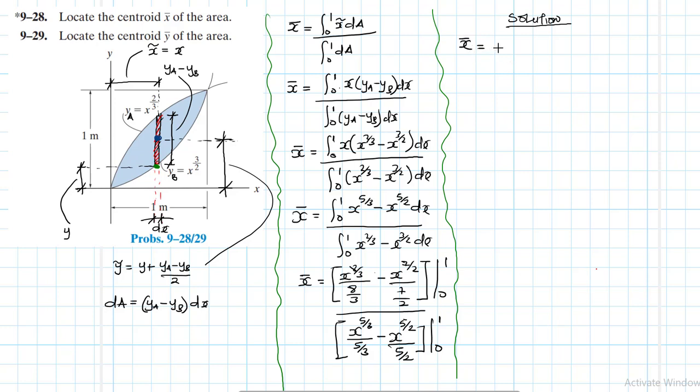X bar therefore is going to be equal to, if we've evaluated this, 3 divided by 8 minus 2 divided by 7, divided by 3 divided by 5 minus 2 divided by 5.